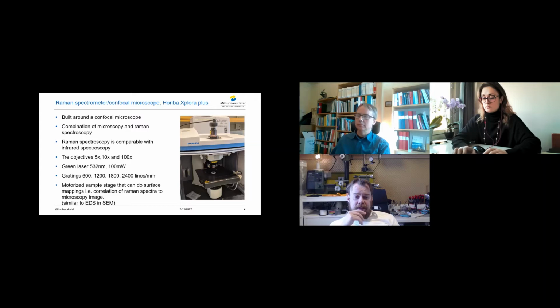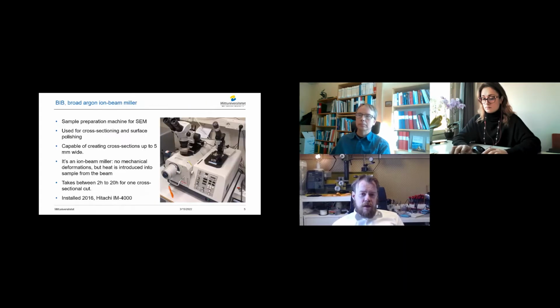So that's the reason why we use a green laser in this machine to boost the signal level. However, it also creates more fluorescence in the samples that you're investigating. So green laser is more for inorganic materials and not so good for organic materials. So that is a quick overview of the first 3 instruments that we have here at Mid Sweden University.